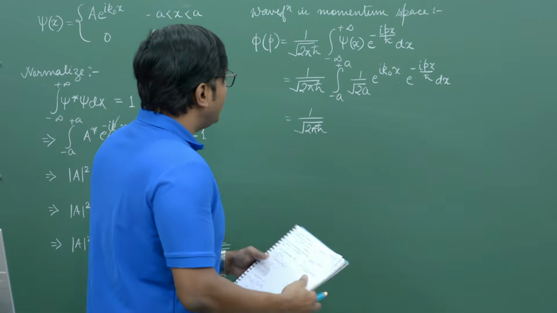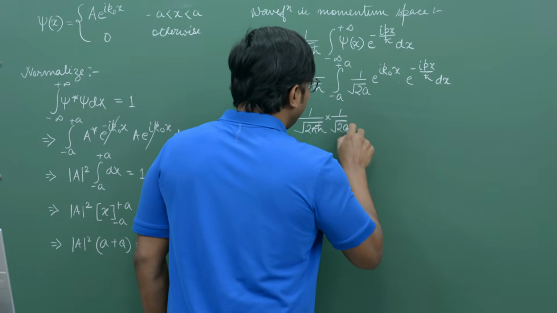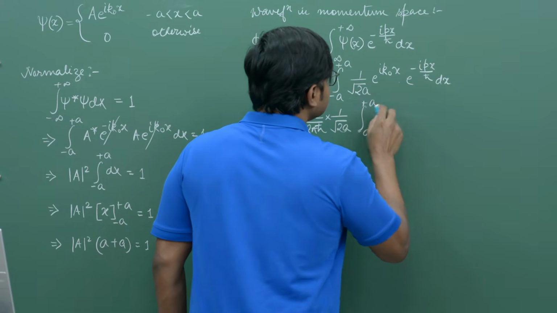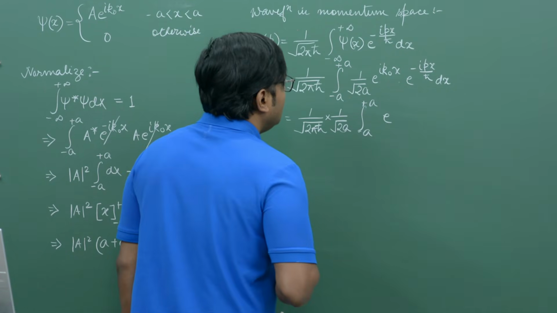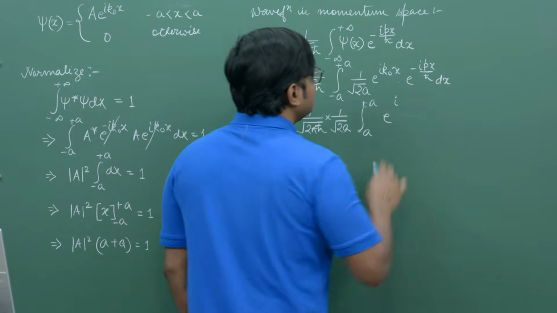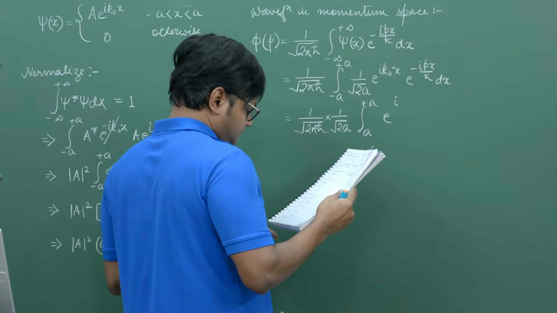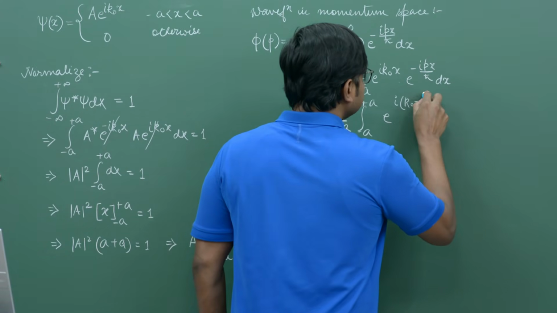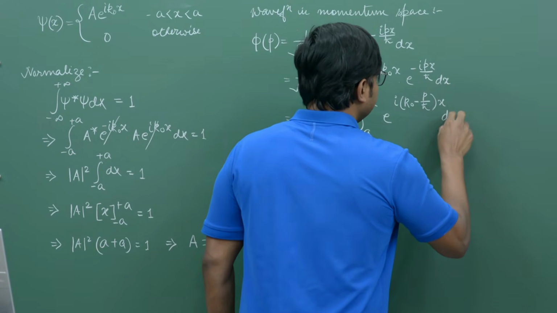1 upon root over 2 pi h cross times 1 upon root over 2a, integration from minus a to plus a of e to the power, if I take iota as common, iota k0 minus p upon h cross x dx.